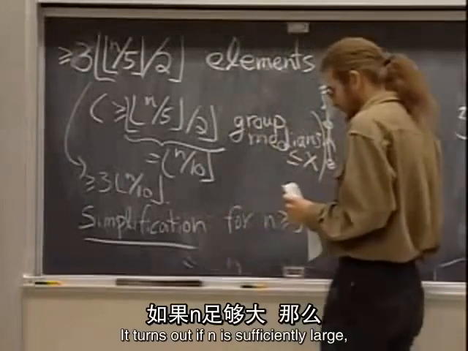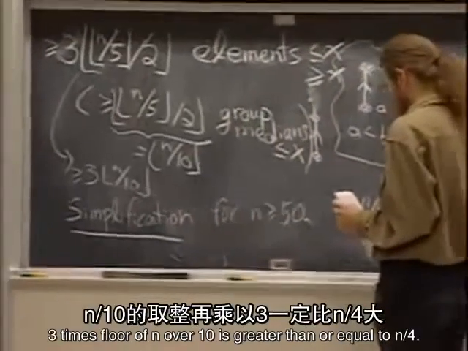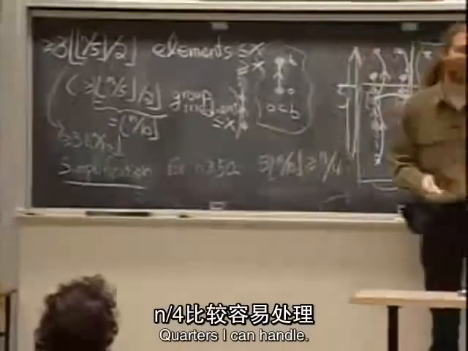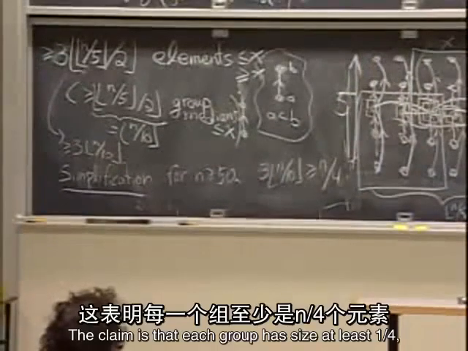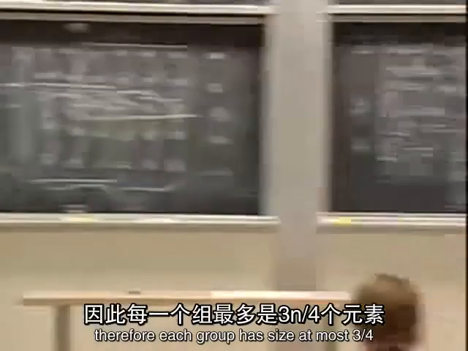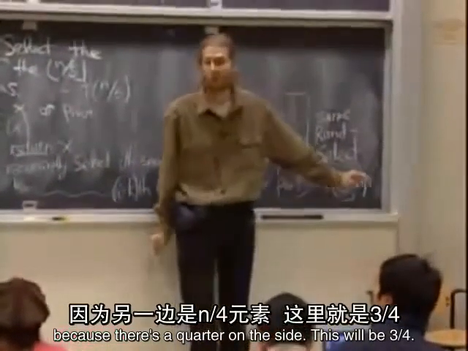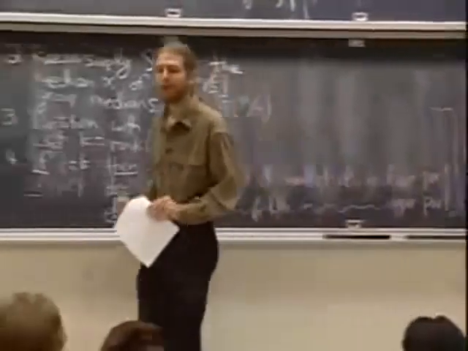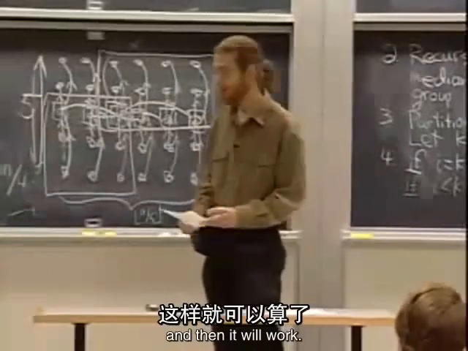But it turns out if n is sufficiently large, 3 times floor of n over 10 is greater than or equal to n/4. Now, quarters I can handle. So the claim is that each group has size at least n/4. Therefore, each group has size at most 3n/4, because there's n/4 on the other side. So this will be 3/4. And I can definitely tell that 1/5 is less than 1/4. So this is going to add up to something strictly less than 1, and then it will work.